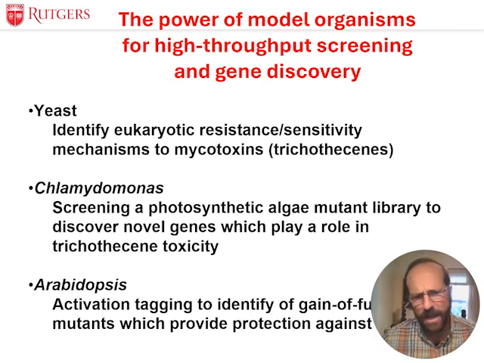And then with Arabidopsis, I'll show an example of a genome-wide screen using activation tagging to identify gain of function mutants that provide protection against the toxin. This is an example of using a mutational approach to identify genes that, when overexpressed, give resistance.